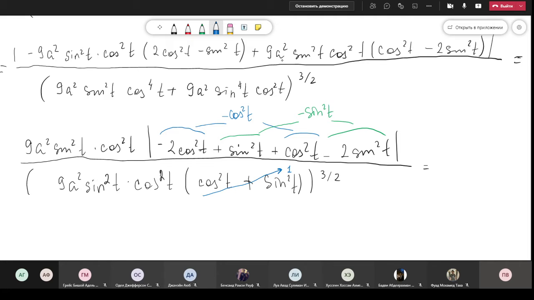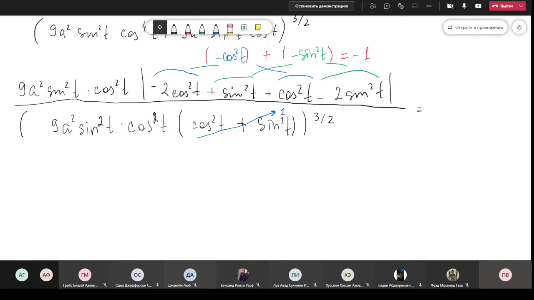Modulus of minus 1, this sum is minus 1. Modulus of minus 1 is just 1.